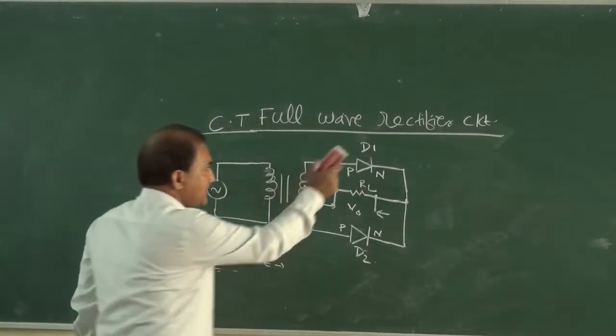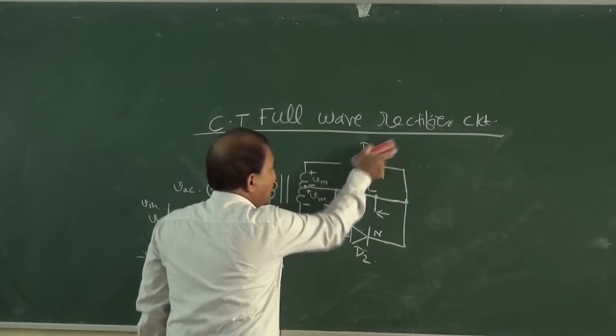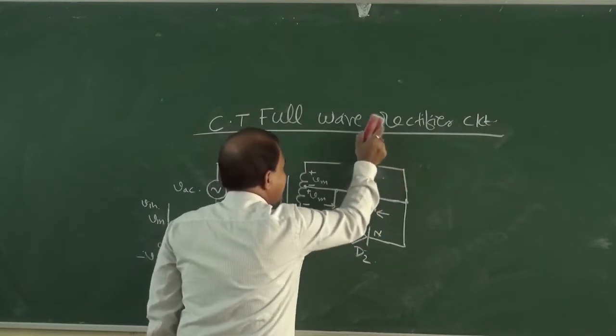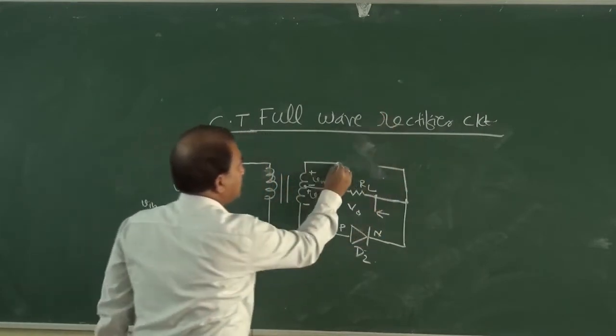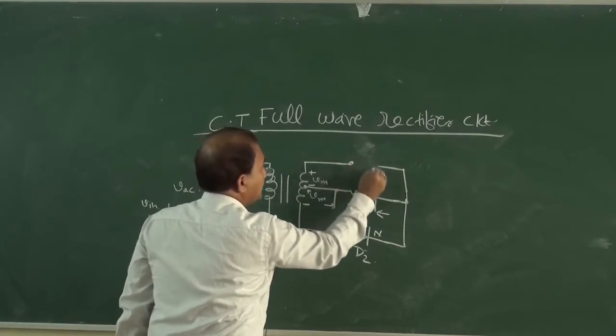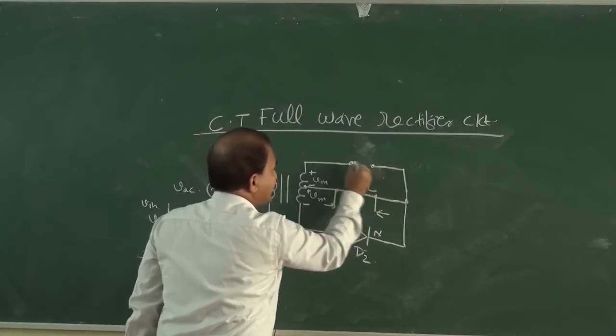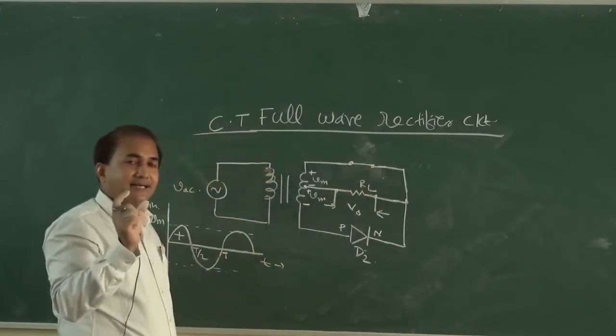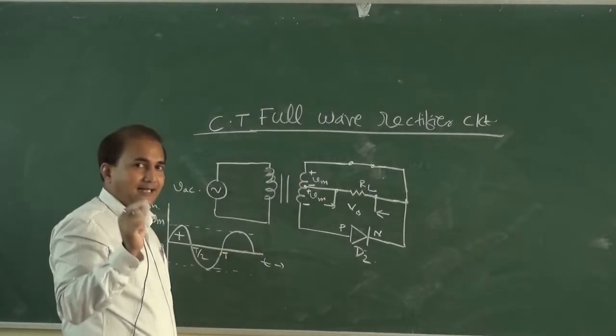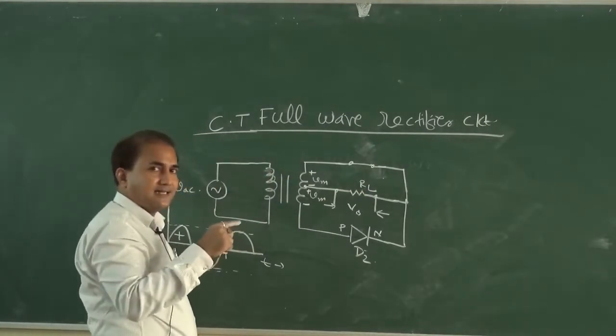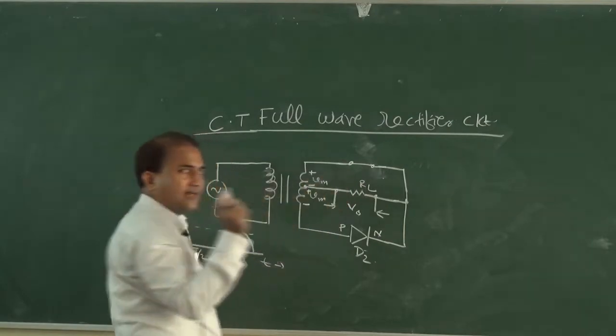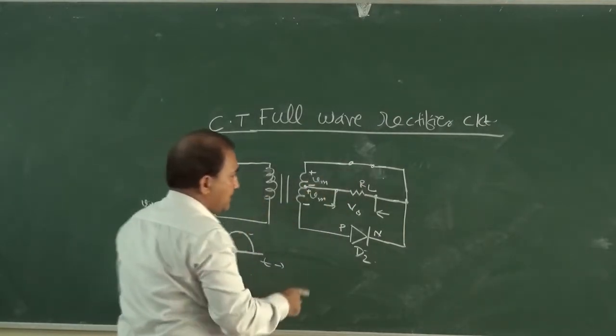In forward bias condition, we can replace this diode with a short, if we are considering the diode as ideal.